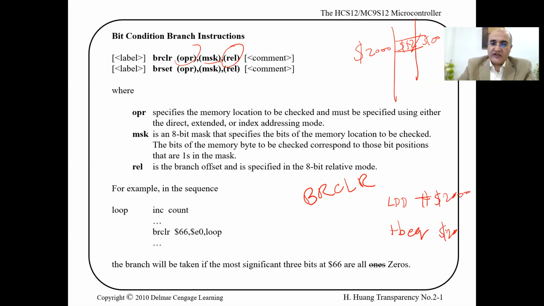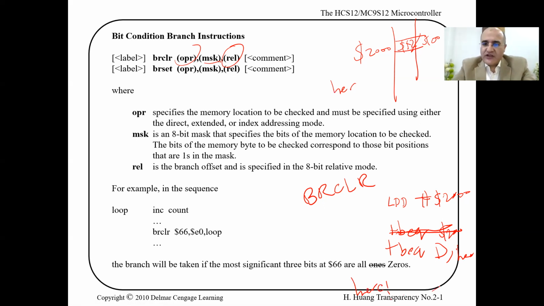Then you decrement, test and branch if equal D comma, you branch if equal to, for example, here, and here will be somewhere here.